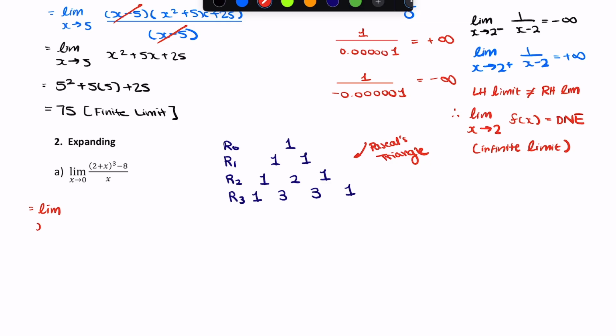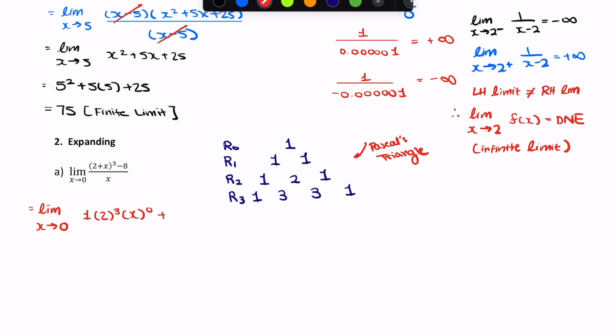as x approaches 0. So the first coefficient would be 1. And we see that our a value will be cubed and our x value will be to the power of 0. And we keep doing that. Again, the exponent of 2 decreases by 1, and then the exponent of x will increase by 1 until we get the a value to be 0 and the x value to be 3.